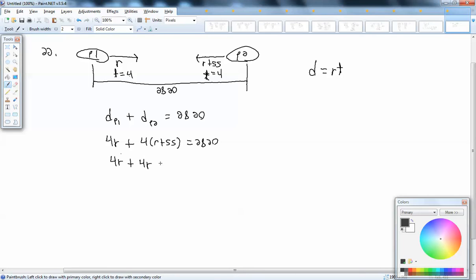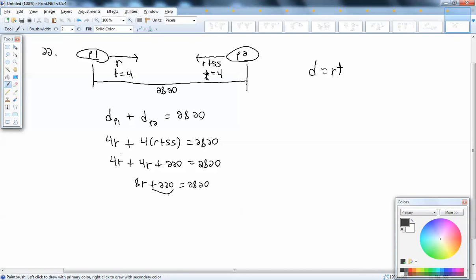Multiply the 4 through, get rid of parentheses. 4 times r is 4r plus 4 times 55, 220, equals 2,820. 4r plus 4r is 8r plus 220 equals 2,820.